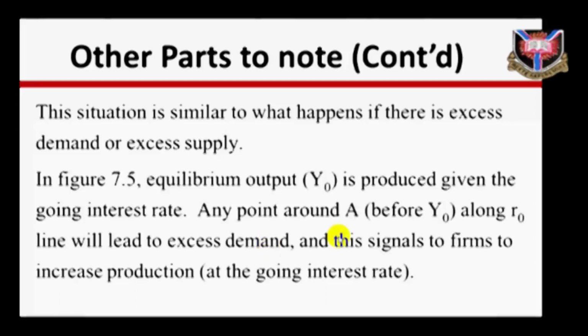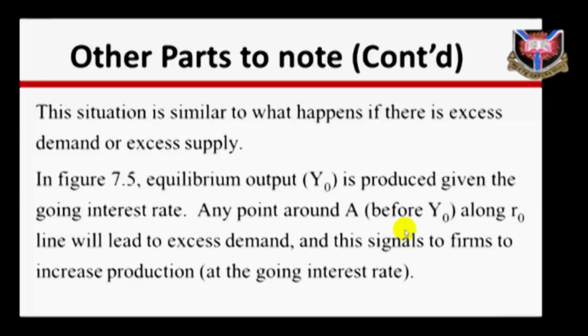This situation is similar to what happens if there is excess demand or excess supply. Excess demand exists when aggregate expenditure exceeds actual output or when planned investment is greater than planned national savings. In figure 7.5, equilibrium output Y naught is produced given the going interest rate.